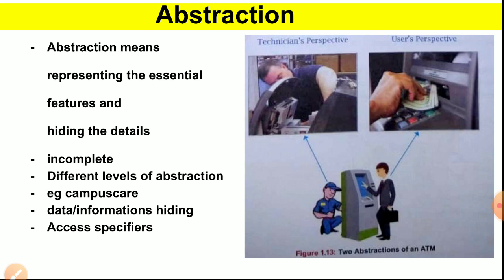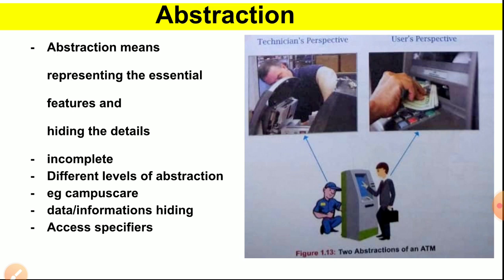Now let's understand this with a few practical examples. The first example, let's consider the case of ATM. When you go to an ATM machine for withdrawing money, you put in your ATM card and you enter the pin, and you are presented with a screen which allows you to enter the amount and other options.